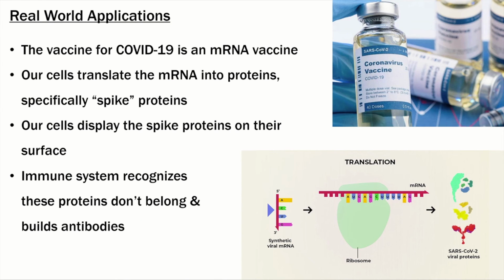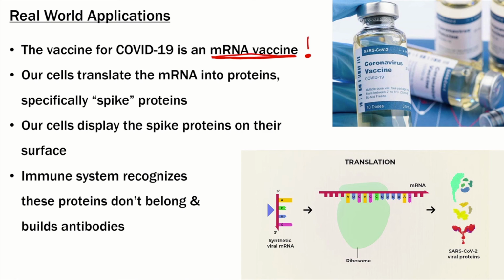Now I wanted to connect this topic of translation to something going on in our world right now, which you are all far too familiar with, which is COVID-19. So the interesting thing about the vaccine for COVID-19 is it is an mRNA vaccine. So this essentially gives our cells the instructions to make proteins, right?